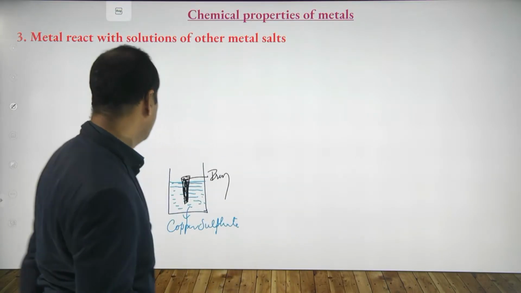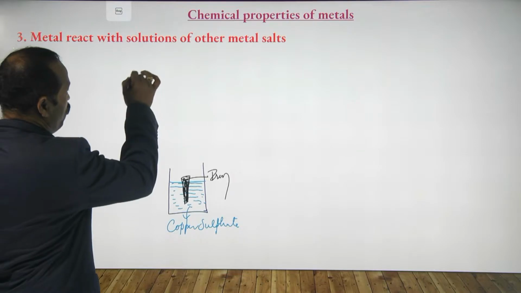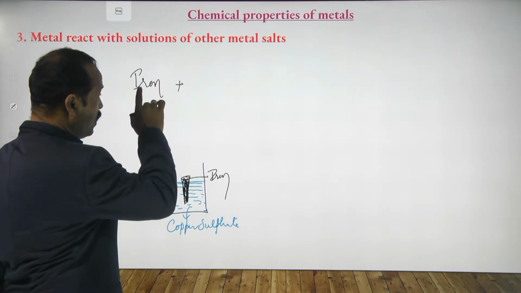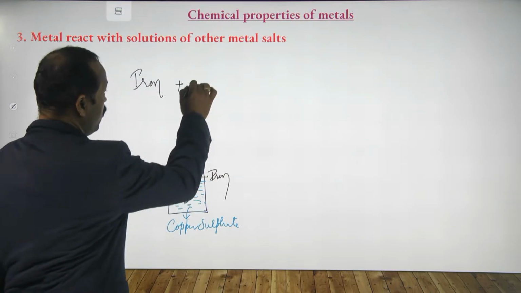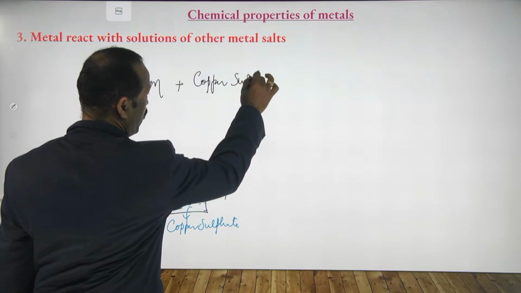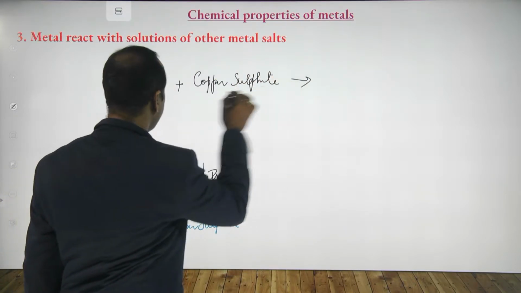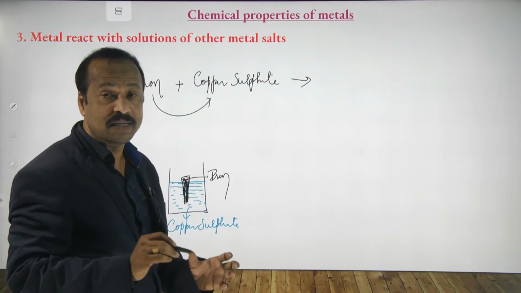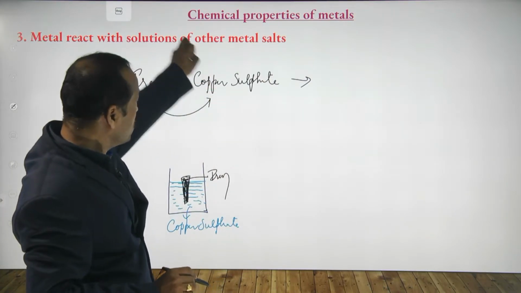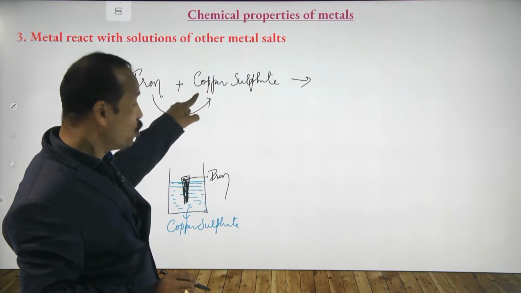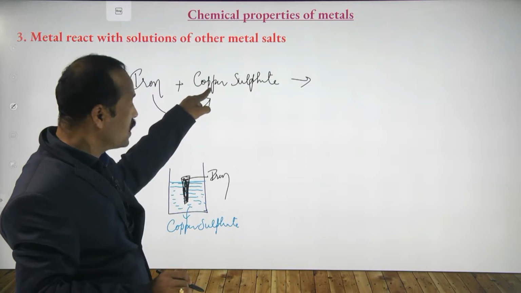Why? Because when we are dipping the iron in copper sulfate solution, this iron is displacing the copper. Displacing means it is taking out the copper from the copper sulfate solution and occupying its place. So copper is going away and iron is coming here.